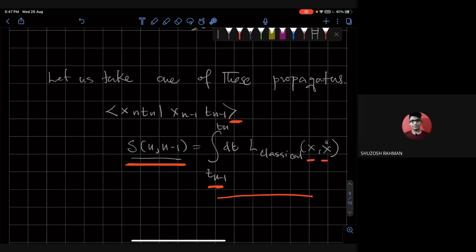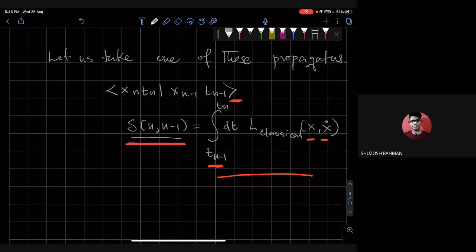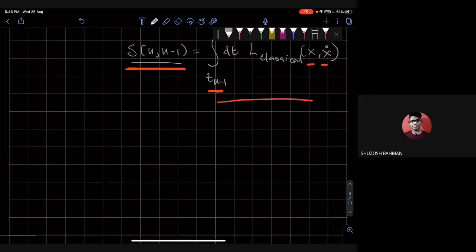Okay? So now suppose that we have chosen such a path, and for that path we got some action, and then we get e to the power iS_(n-1) over h bar.